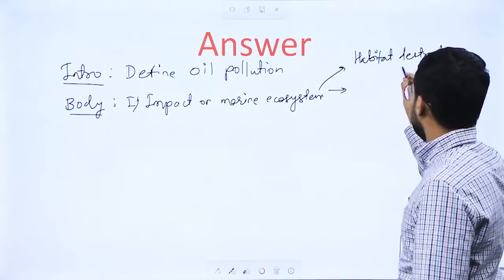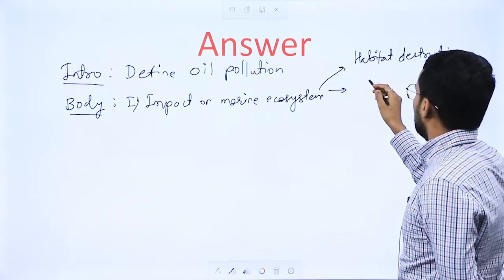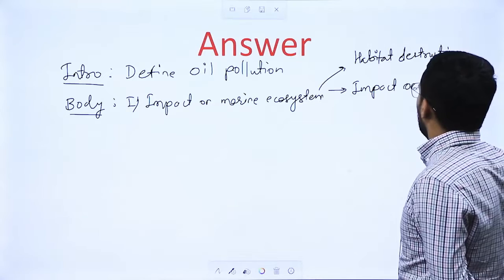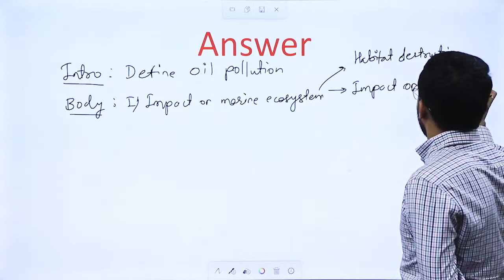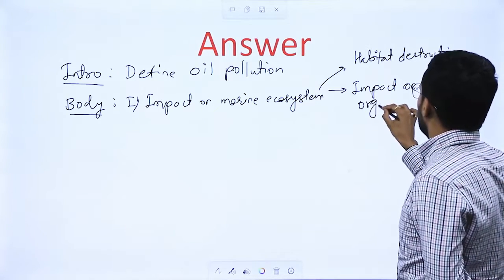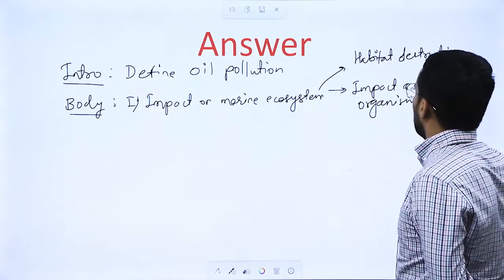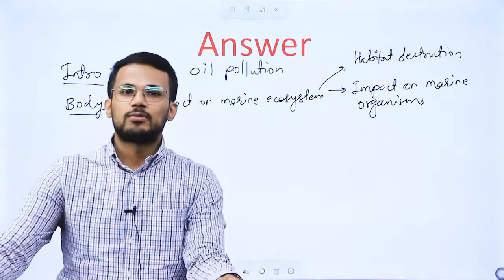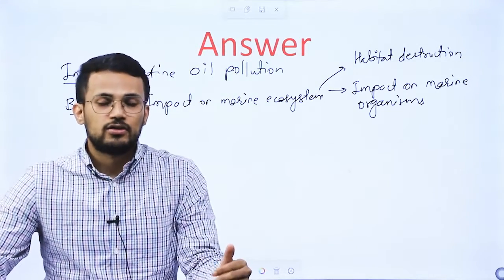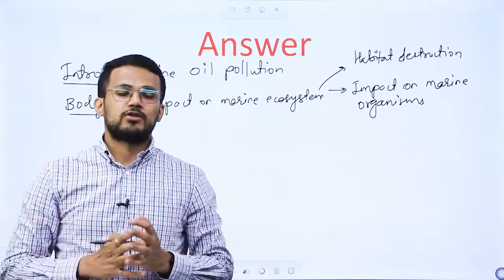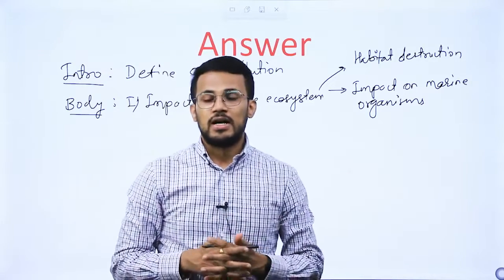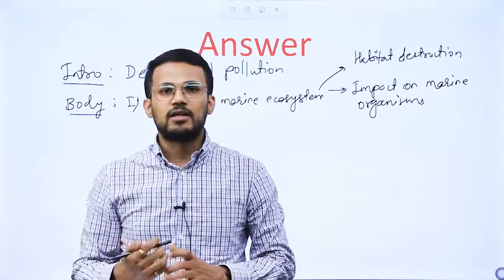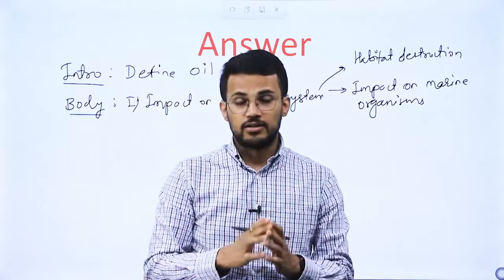Secondly, it can also lead to impact on marine organisms. For example, there will be various kinds of fishes in that marine ecosystem, and those fishes carry out their respiration activity especially with the help of gills, and it may be the case that accidentally the oil may enter their body and it may affect their lungs.